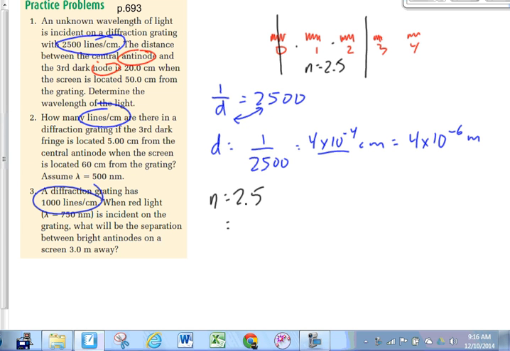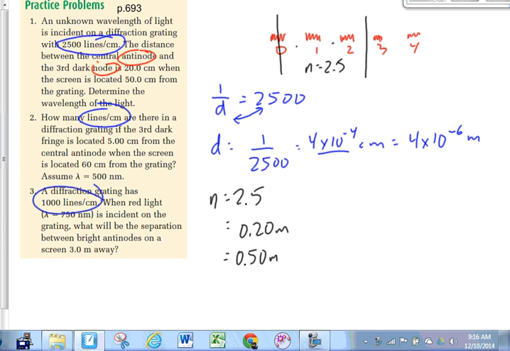We got 20 centimeters here, or 0.20 meters. We also have 0.50 meters here. What's the 20 centimeters thing here? The distance between the central antinode and the third dark node is 20 centimeters. What variable is that? Is that x? Is that L? What else we got? D?